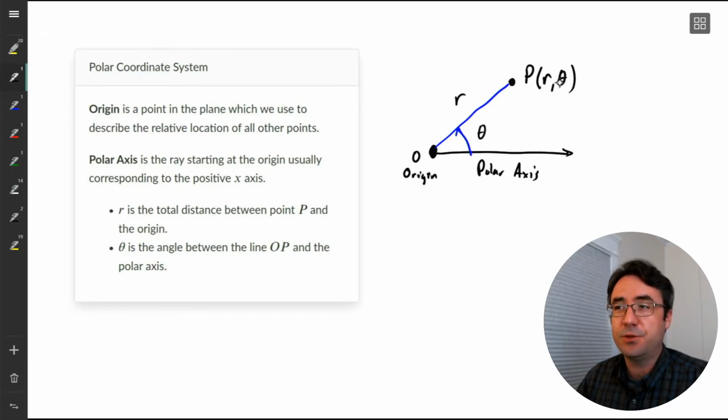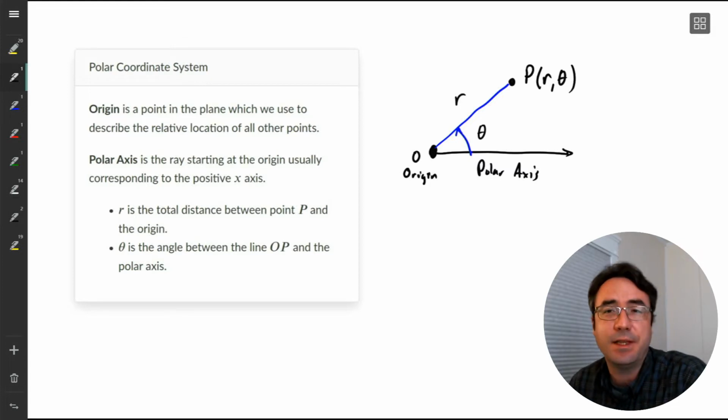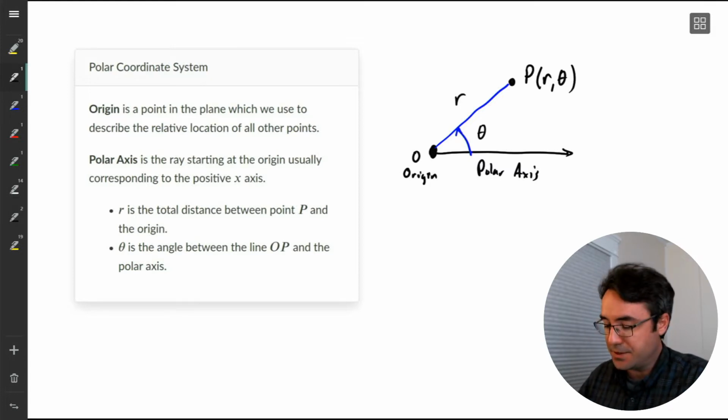And these two coordinates, knowing the angle that we need to make with the polar axis and how far away we are from the origin, those two values are enough to fully describe every single point in the plane. And so this is going to be the setup for our polar coordinate system.